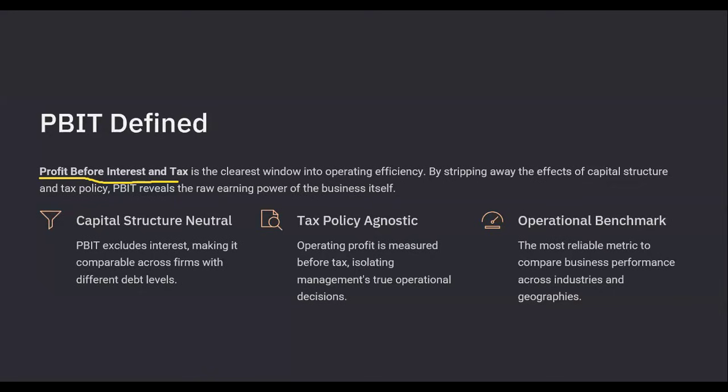So, let's move on now. Before I move on, let me cover that PBIT and EPS is a limited approach depending on the firm's applicability.